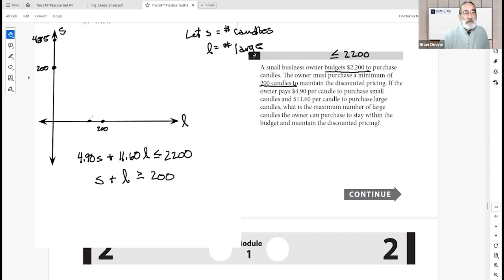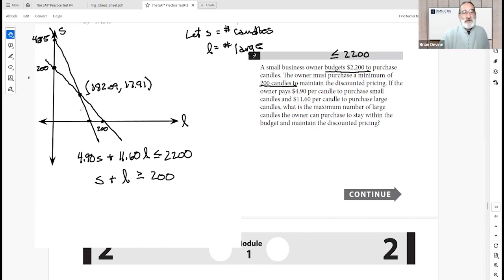And so if I connect the S plus L and the 4.9S plus 11.6L, then I get a graph that looks sort of like that. Actually, the intersection will be closer to the 200. And I can find the intersection on the graph. This point is going to be 182.09, 17.91.